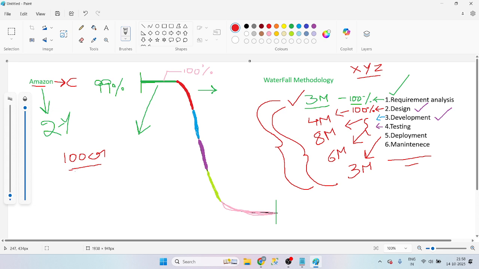I have only 100 CR. No money is there in my hands. I have given 100 CR to XYZ company, and XYZ company developed this project for 2 years. Now, in these 2 years, did Manoj earn any single penny or not? That is my question.